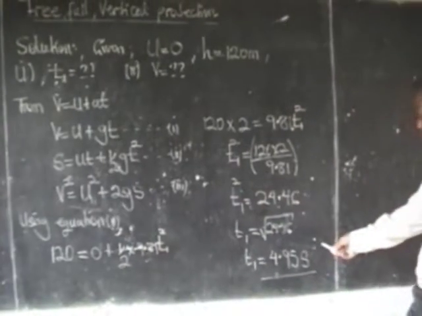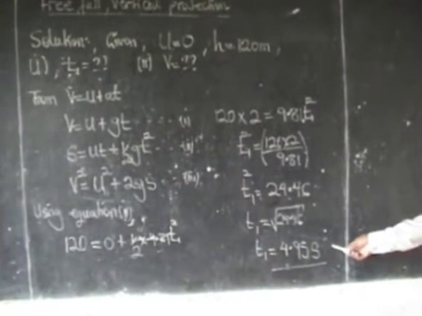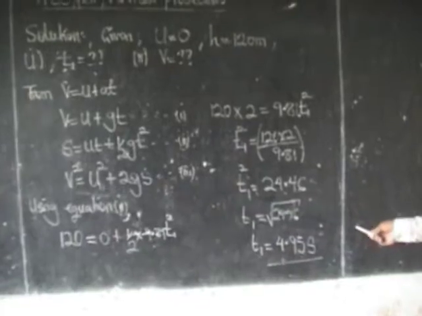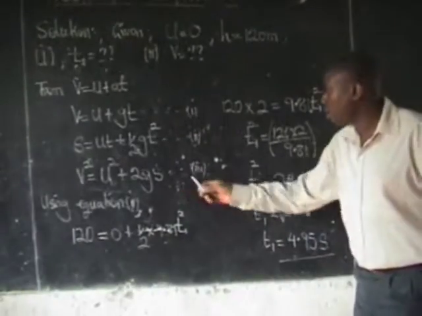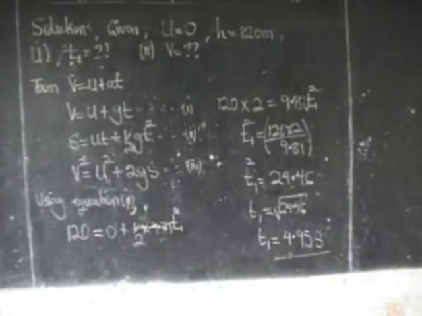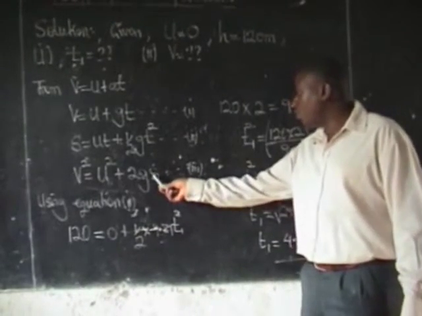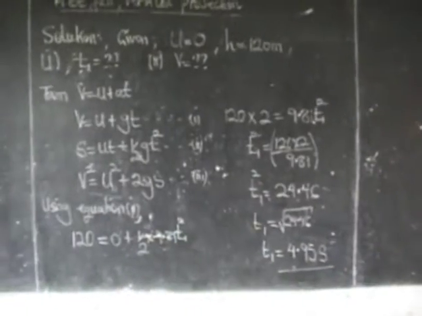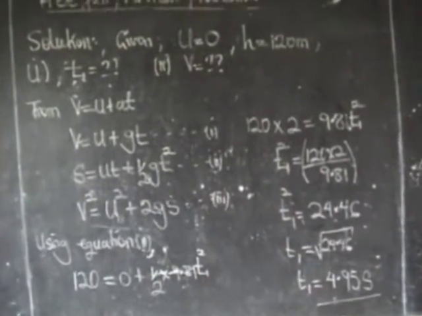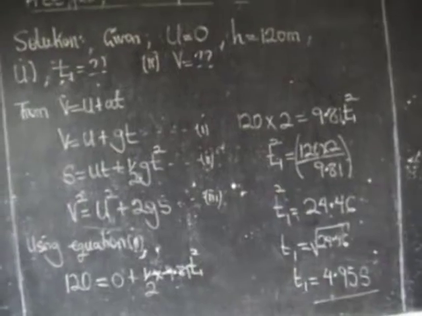If the time you've got here is wrong, then the chances are that even Roman 2 is wrong. So I'm going to use the third equation so that I will rely on the value of s that was given, because that one I'm 100% sure that it's correct.